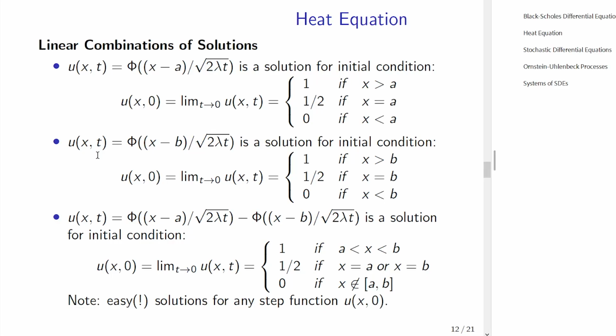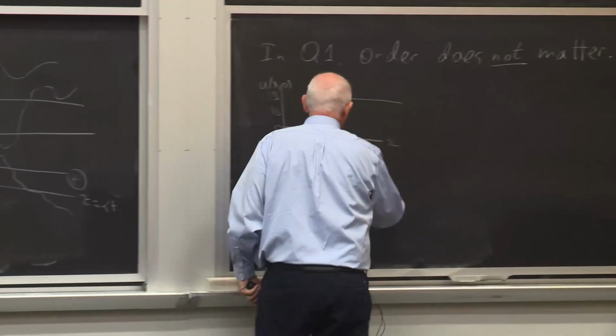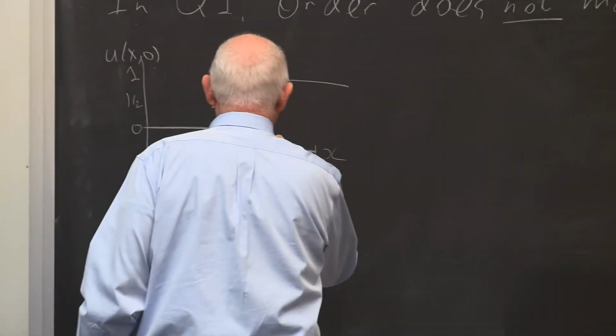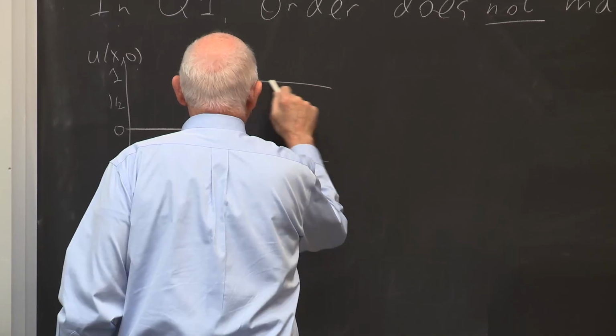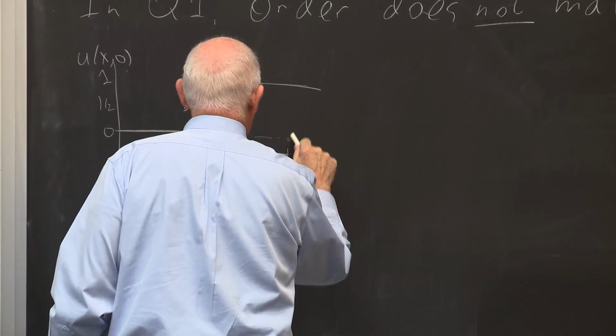And so these first two bullets correspond to shifting this u of x, 0 to values a and b.